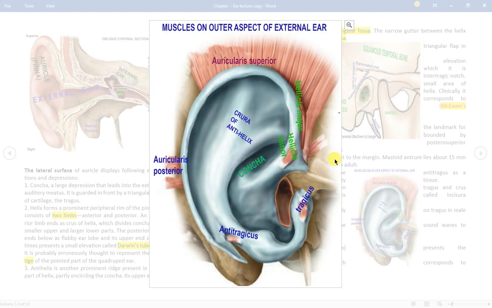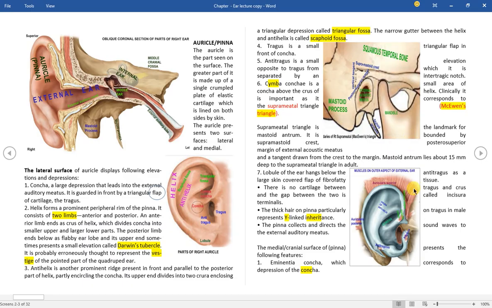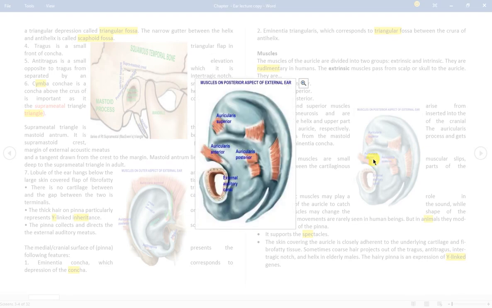That is seen in another section. A few more minor muscles, that is helicis minor, antitragicus and tragicus. This is dorsal view or medial view of the pinna. You can see these muscles, auricularis superior, anterior and posterior.